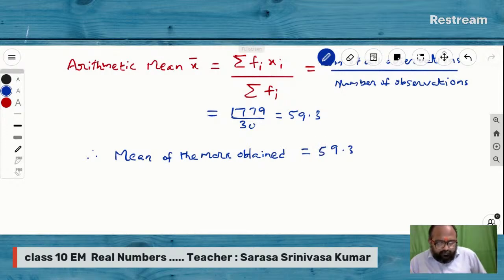This is how we calculate the arithmetic mean of ungrouped data.